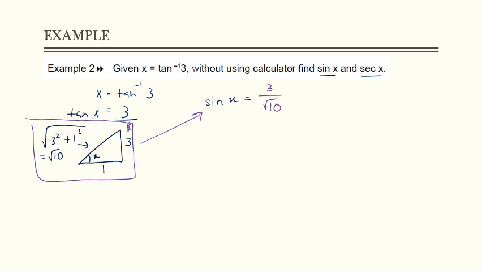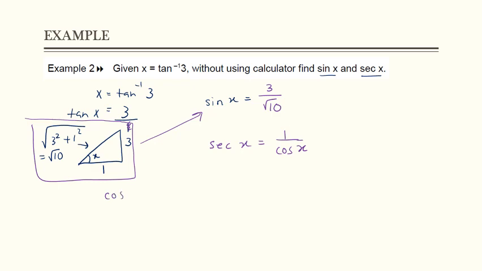Alright, and then it wants secant x. So what is secant x? You also need to know the definition: secant is 1 over cos. So it's 1 over cos x. What is cos x? We need to find cos x here.